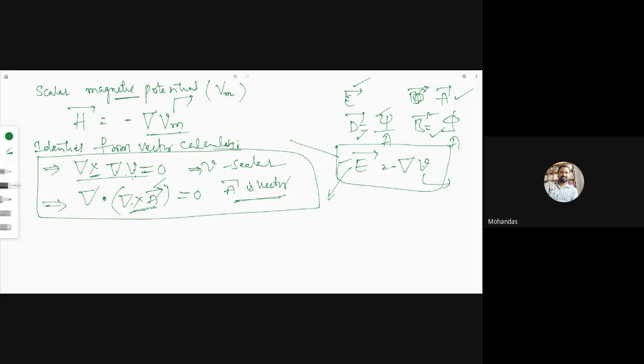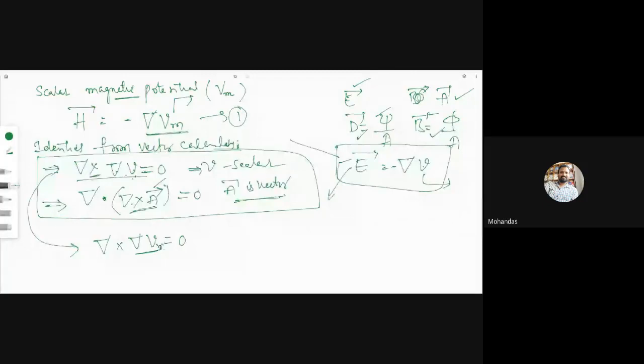So from this, what I am trying to say is that if H equal to minus del V, then from this equation 1, take this identity del cross del V, where V is a scalar quantity, because Vm is also a scalar quantity.